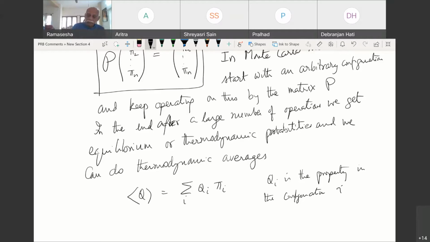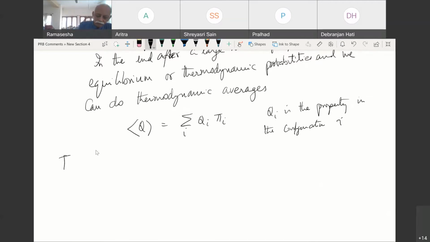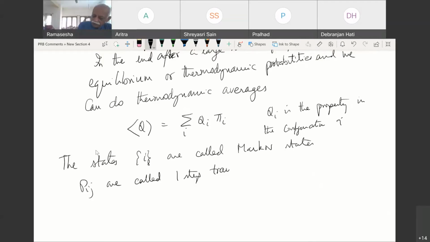Okay, so these P's are called the states, and they are called Markov chains, with one step transition probabilities.